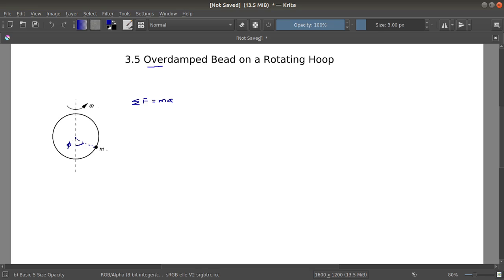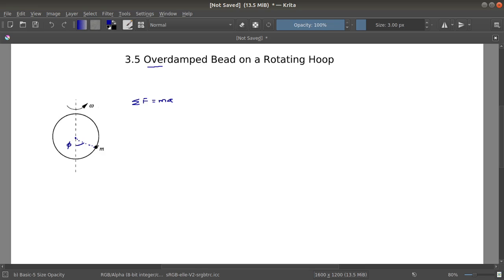If you notice, the bead can have acceleration only in the tangential direction, because it cannot move in the radial direction. It is constrained to move only tangentially with respect to this hoop. Therefore I am going to consider the forces acting only along this direction.